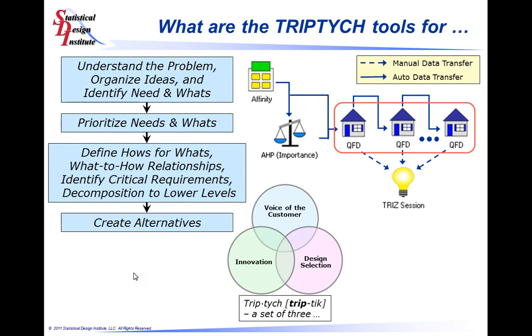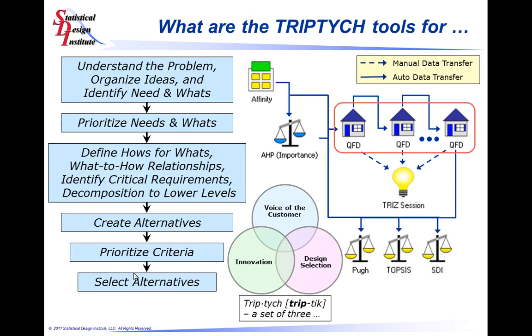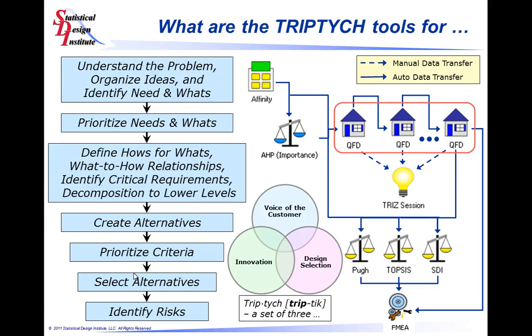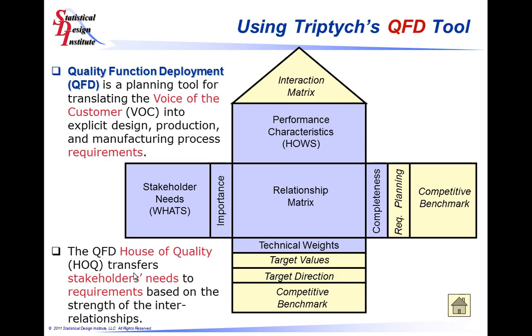Next steps, once we understand the basic requirements, would be to create alternatives for the design, take various alternatives, understand the criteria that need to be satisfied for a given approach, determine the best alternative using design selection methods, and then finally using FMEA techniques to support your risk identification and risk assessment events.